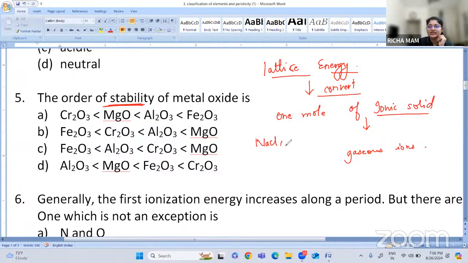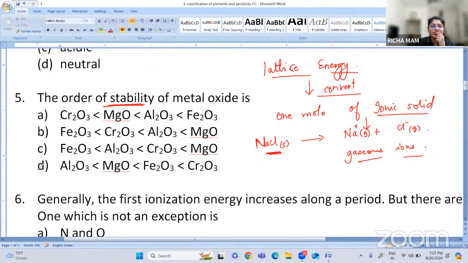Suppose I want to convert solid NaCl into gaseous Na+ and Cl- ions. So the energy which is required to convert the ionic solid into the gaseous ions is called the lattice energy.